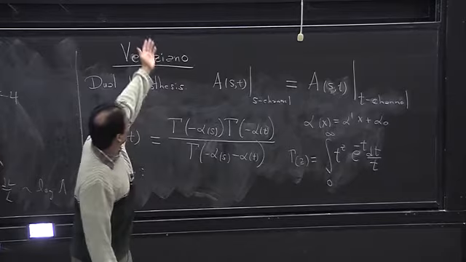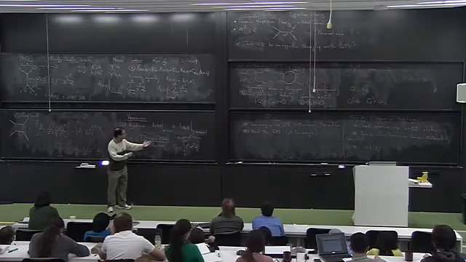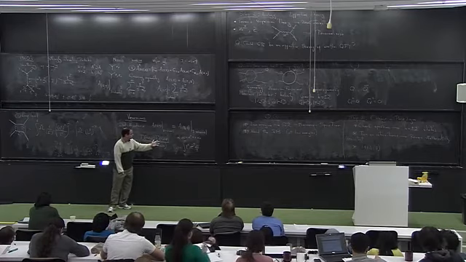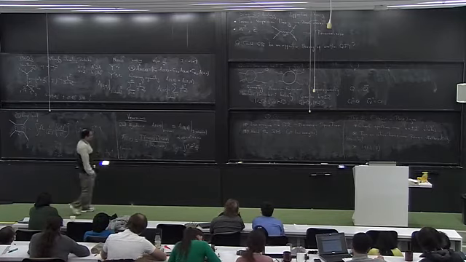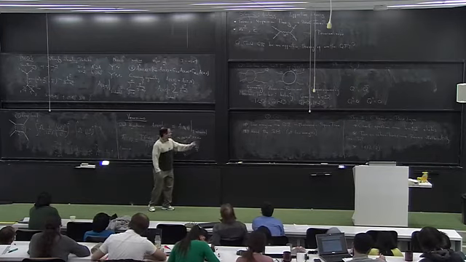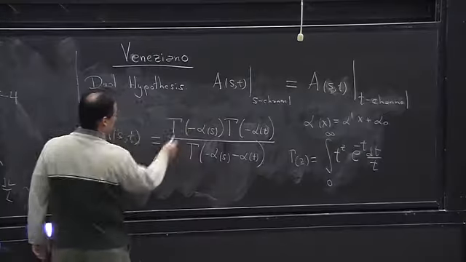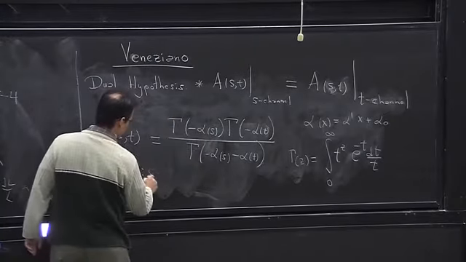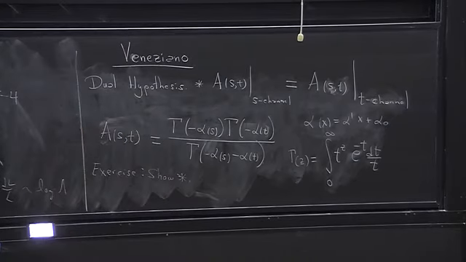Never mind what the masses are; from here, you see you don't have a freedom for what the masses are. You have to compute them to see whatever comes out of here will be the masses that will appear there. So in a sense, there is nothing tunable here except for alpha prime and alpha 0, only two parameters, okay? So exercise shows that this is true.